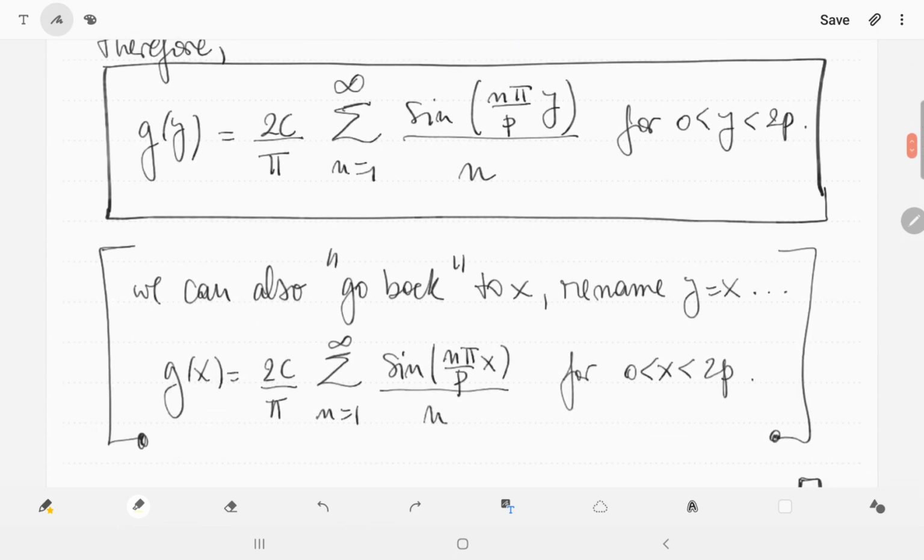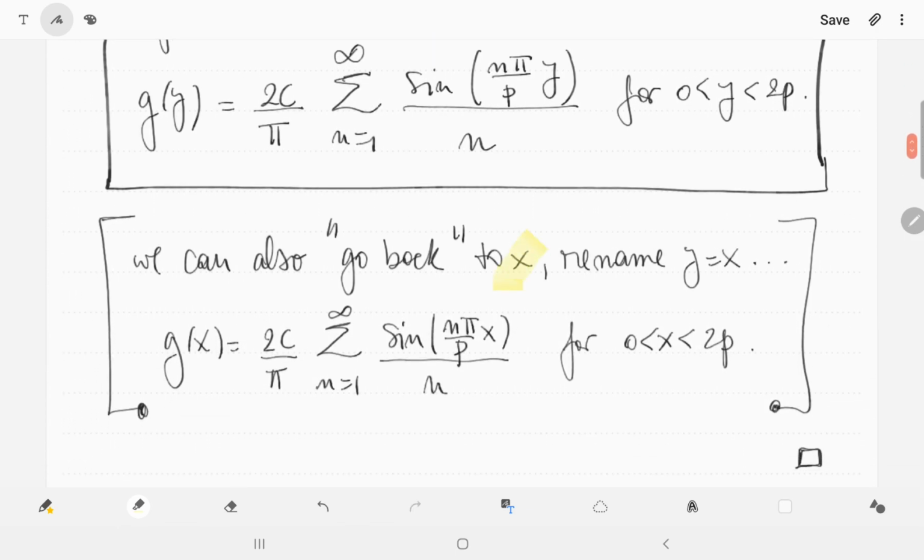And we can also go back to the letter x if we want, but it's the same. So g of x is this constant and this guy here. So what we just did is we have two functions, f and g. They are quite similar, and we know the Fourier representation of one of them.